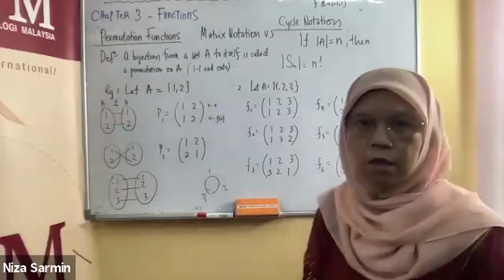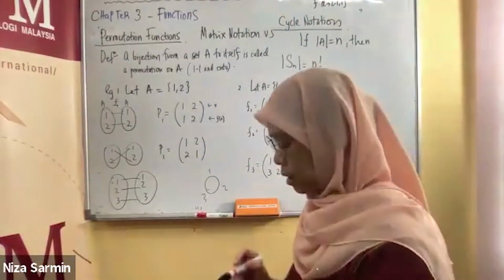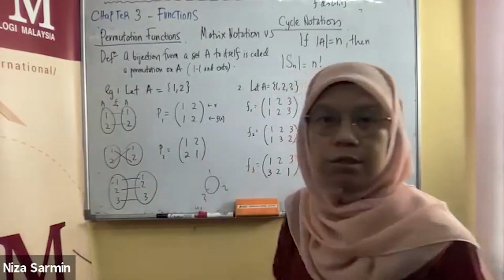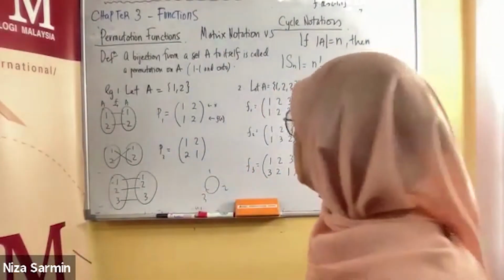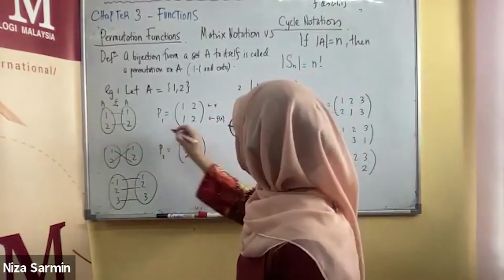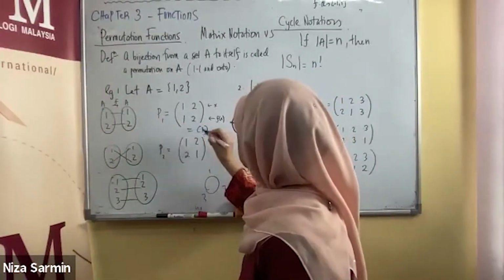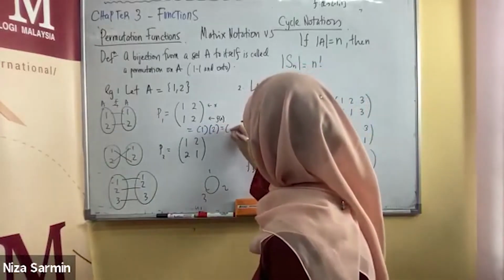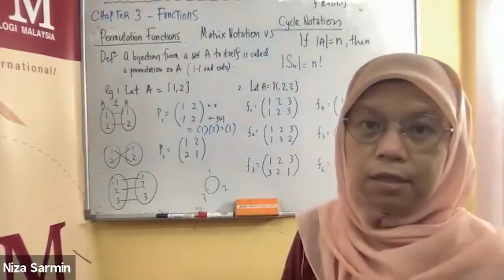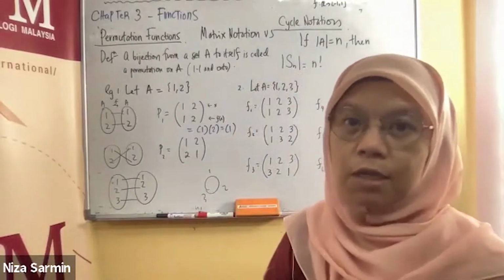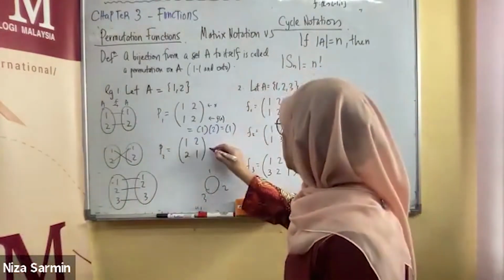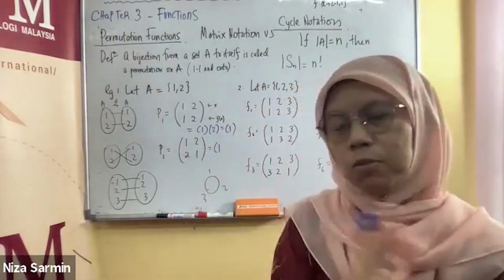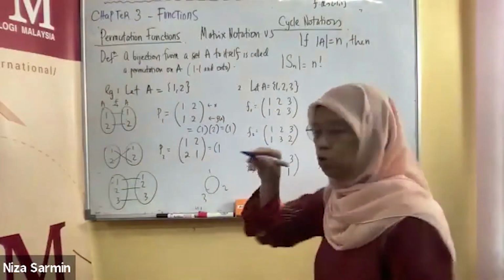Okay. For the cycle notation, we will write in a cycle, not in a matrix, and it will save space. Like this one, identity is always 1. Although you can write like this, but identity is given just a cycle around 1. This 1 goes to 2, so you put 1. I always put the smallest one first. 1, and then go to the right.